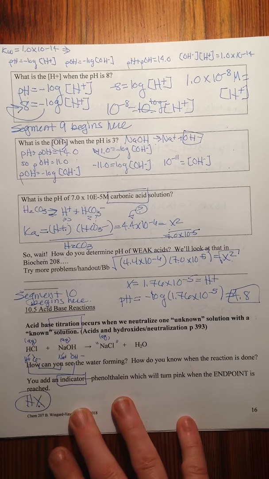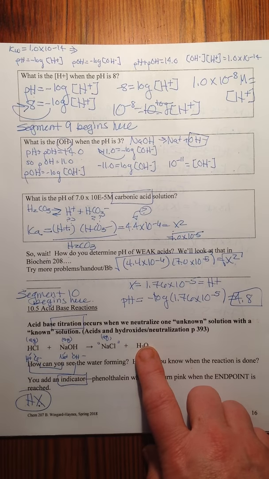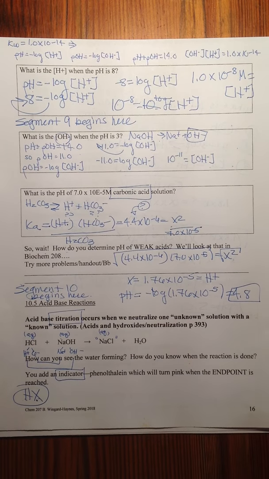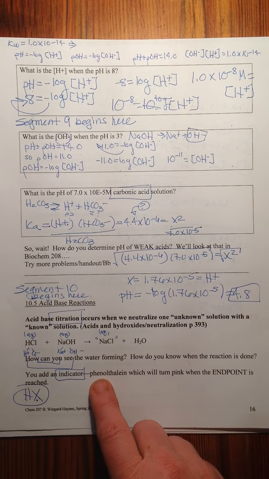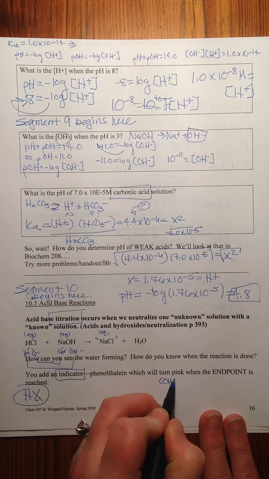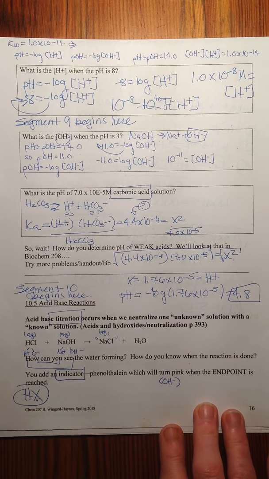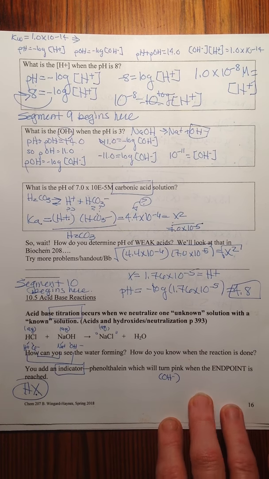The indicator is something that when you have one drop past neutral will change color. An example of that is phenolphthalein, which will turn pink if there is a slight excess of hydroxide and the solution is basic.